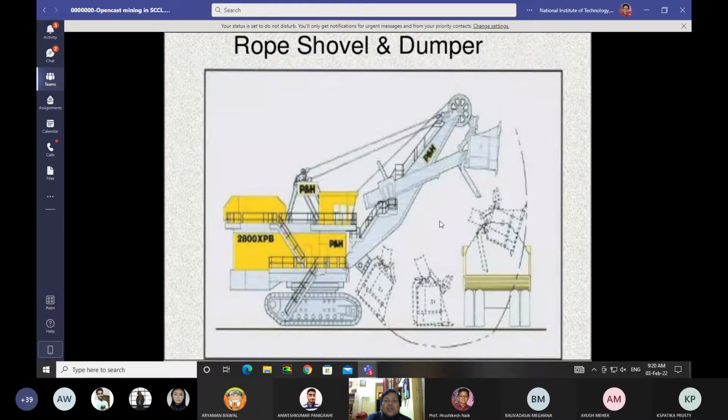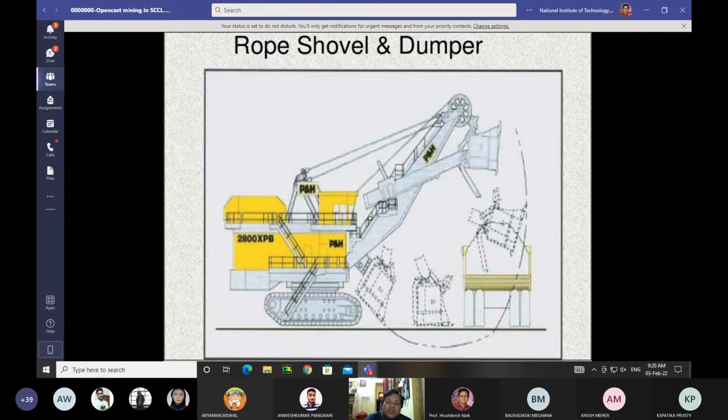So this is the diagram of the rope shovel, how the rope shovel operates. The ray diagram is there, and this machine, the rope shovel, is operated by ropes. This is the bucket, this is the hoist, this is the cabin where the operator is sitting, and the machine is crawler mounted.